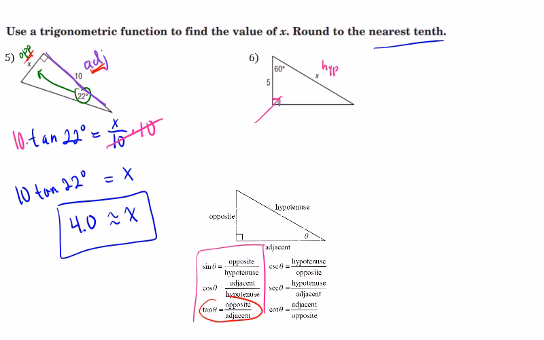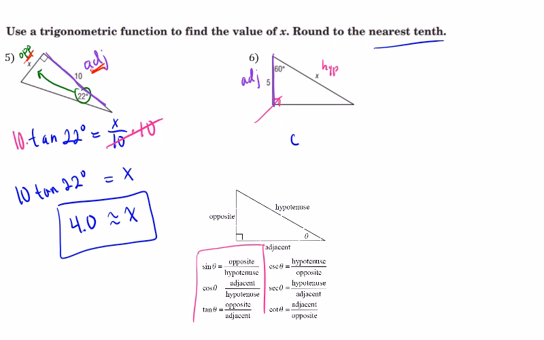The other side that matters is the 5, which is going to be adjacent because it's next to the reference angle. So the hypotenuse and adjacent. Of our 3 main trig functions here, which one deals with hypotenuse and adjacent? The answer is cosine, right?